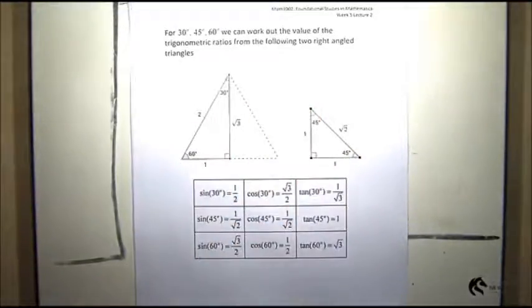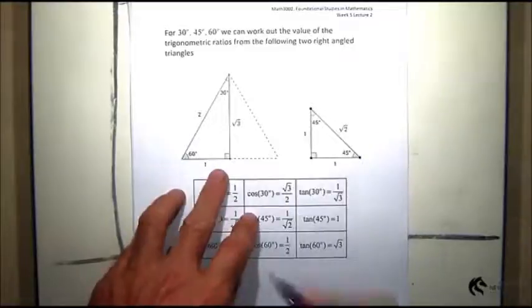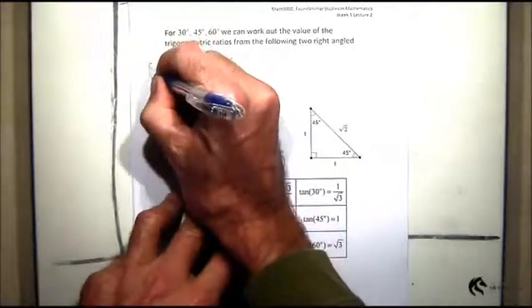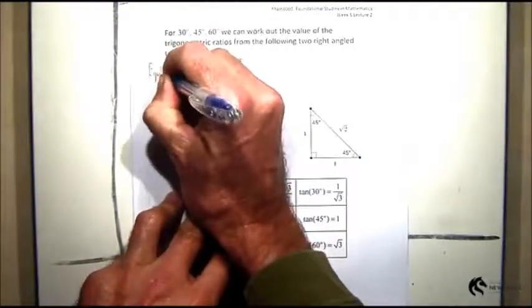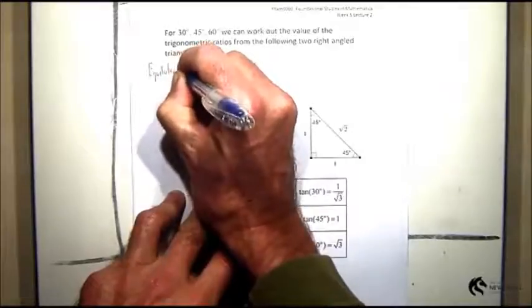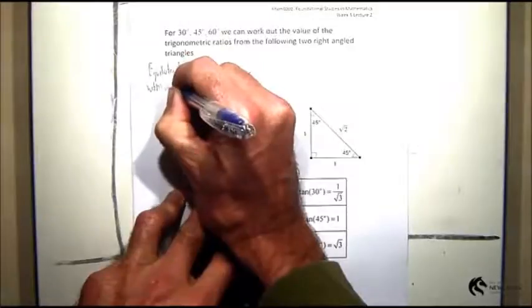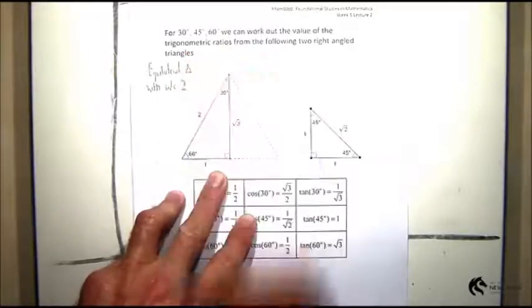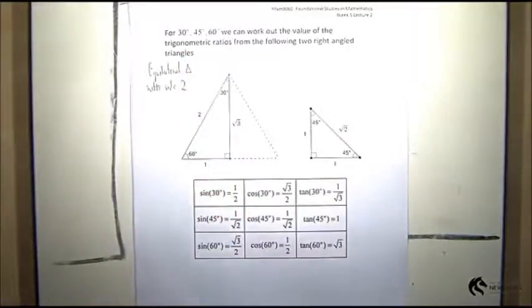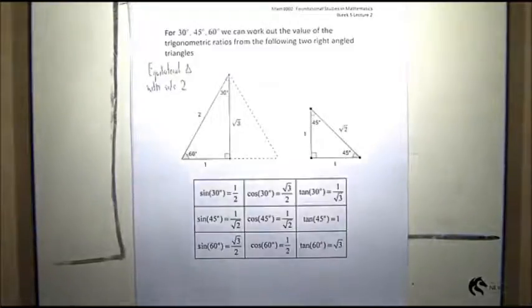I guess the first one is in fact an equilateral triangle with sides of length 2. Now, an equilateral triangle has all sides equal and all angles equal.